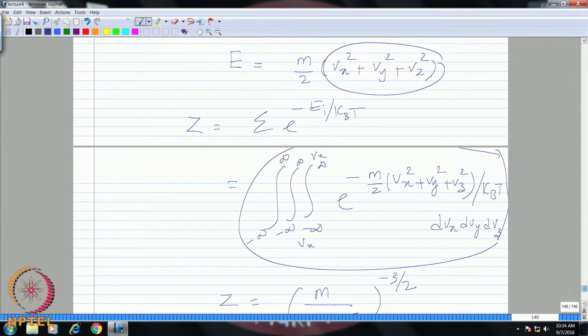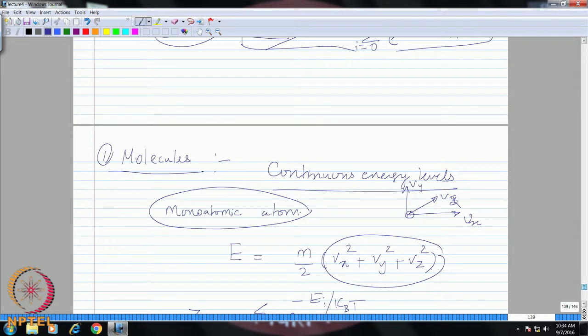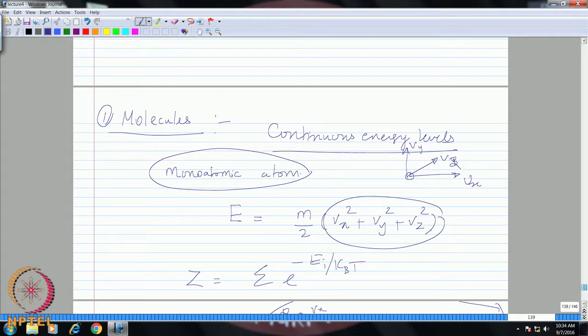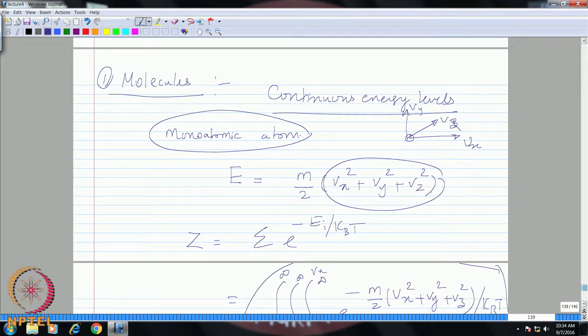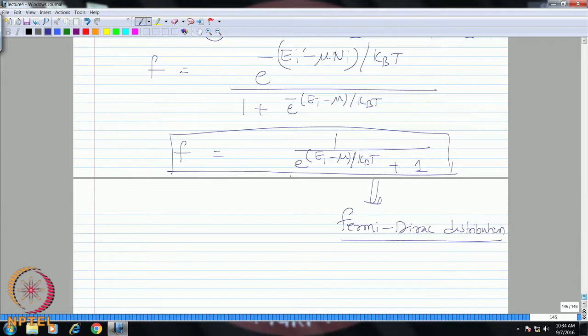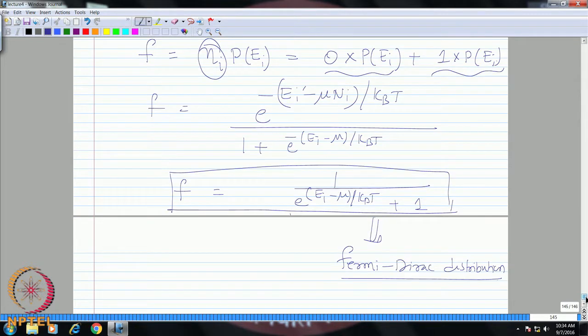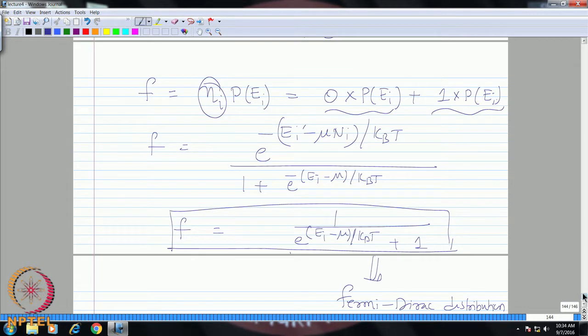So, I am not going into all the details. I am only giving you the principle of how these distribution functions are derived. This is basically the principle behind the grand canonical ensemble. So, ultimately we have arrived at a distribution function for electrons which looks quite different from the Boltzmann distribution function.